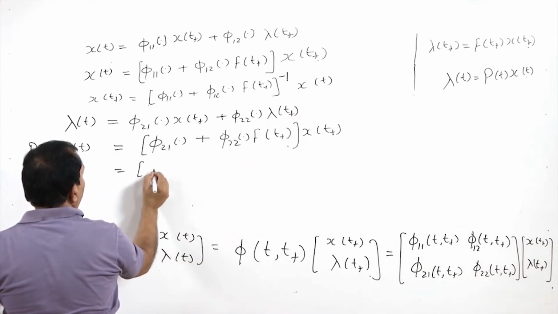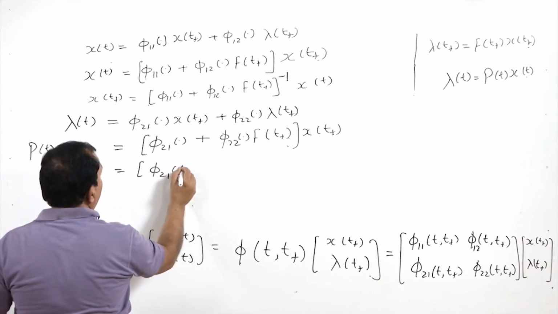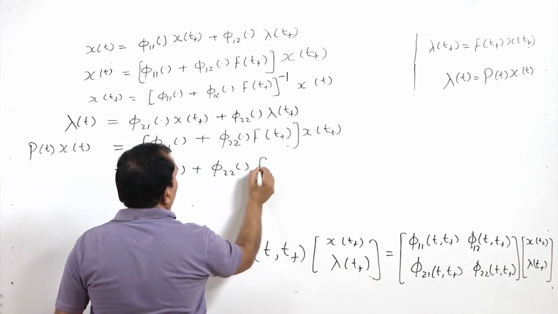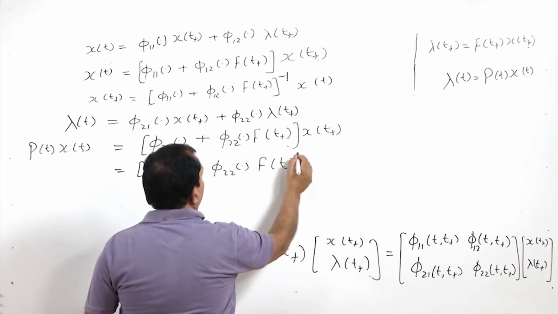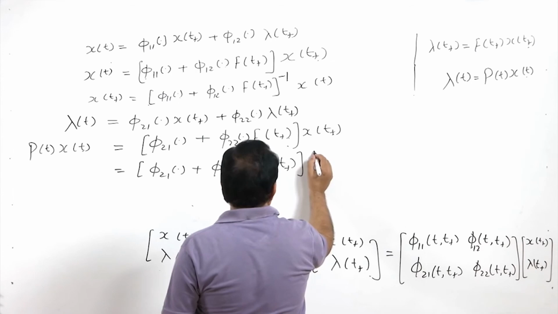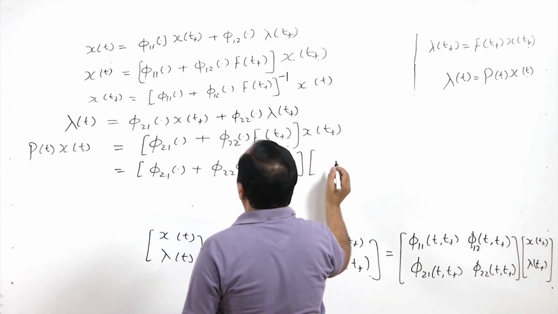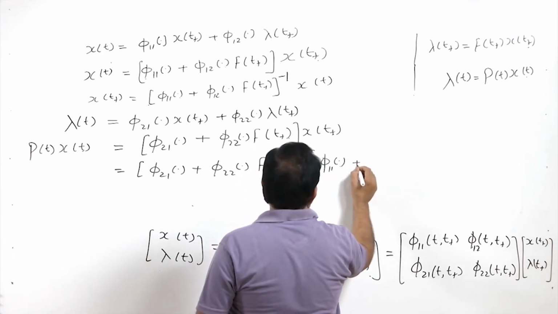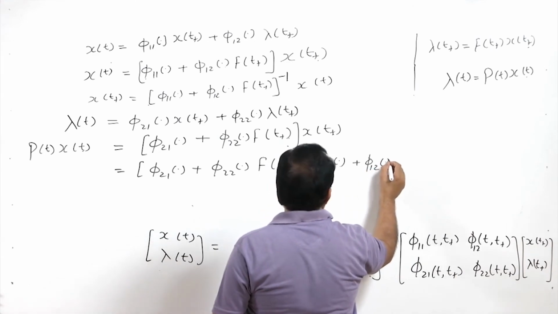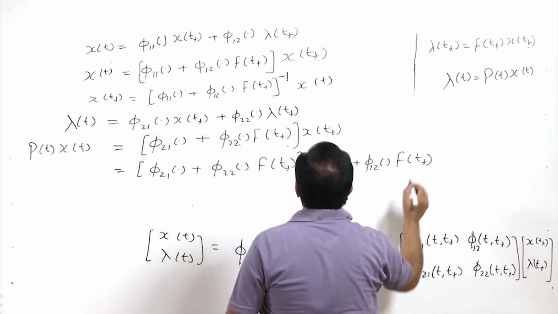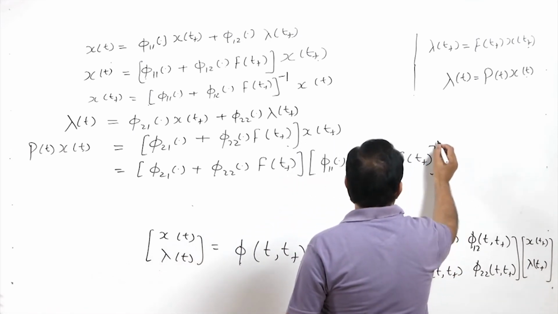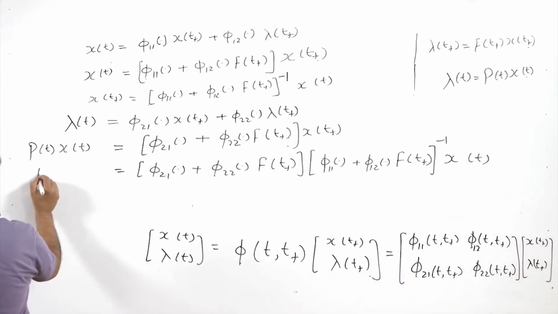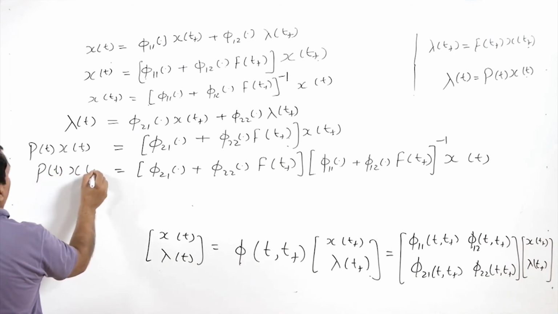So I can write this as phi 21 plus phi 22 f of t_f, in place of x of t_f I write phi 11 plus phi 12 f of t_f inverse x(t), and this is nothing but my P(t) x(t).